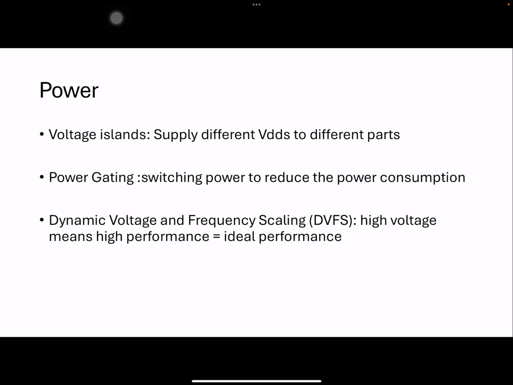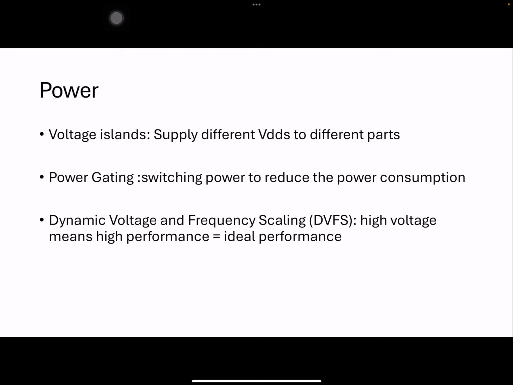The first one is voltage islands. It means we give different IC parts different voltages, because not all the parts need the same voltage. So if we give different voltages, we can decrease some power consumption.